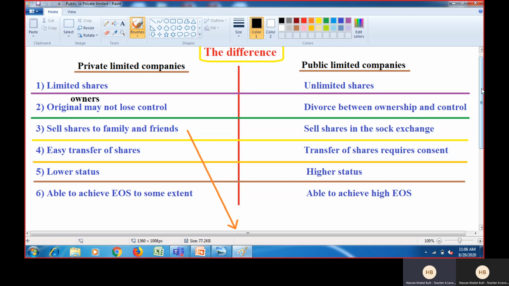The reason is because even if the rest of the shareholders do not vote in favor of that person, that original owner will still become the board of director, because 51% voting power belongs to that person, let's say, or 52% or 60%. Obviously, the rest of the voting power will be 49%, or maybe 48%, 47%, 40%, right? So the rest of the shareholders cannot stop that original owner from becoming board of director. So, in that way, original owners do not lose control.